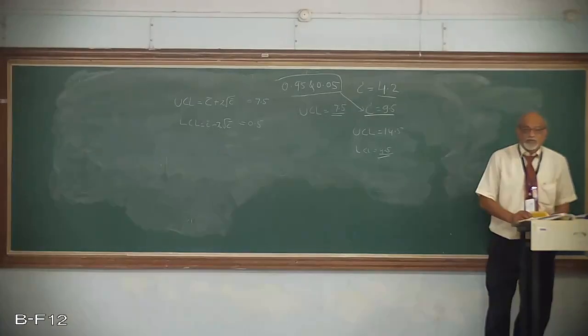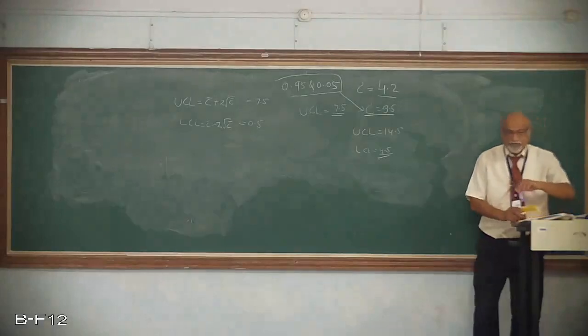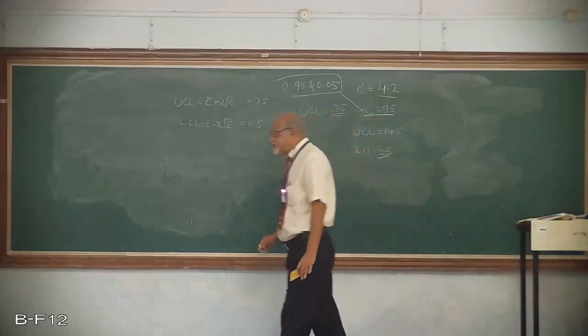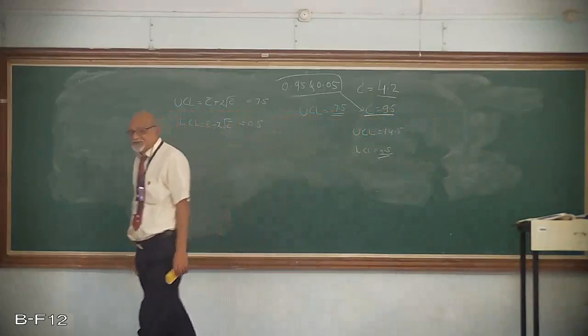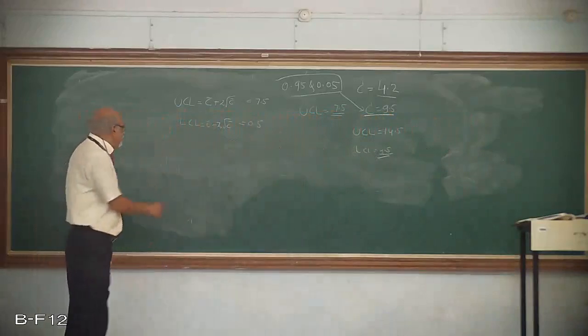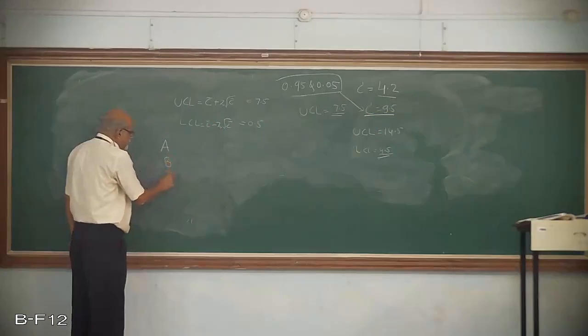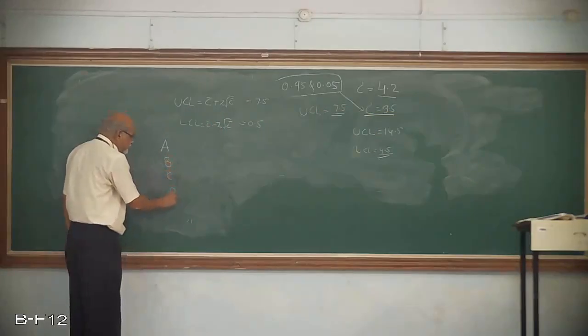Because it boils down to what type of defects. Then it makes us think, is there any different classification of the defects? Yes. They say A class defects, B class defects, C class defects, and D class defects.